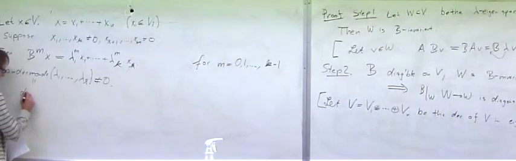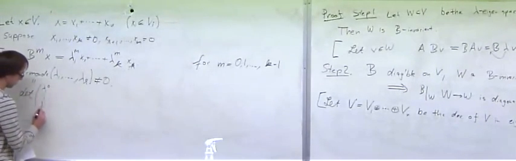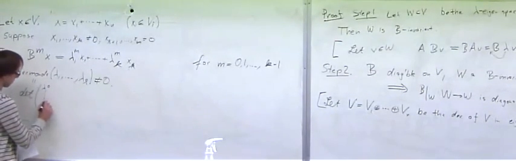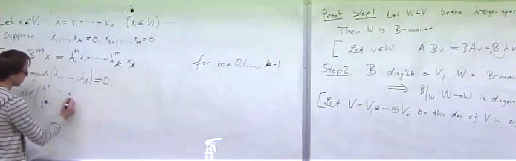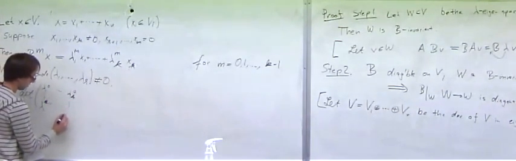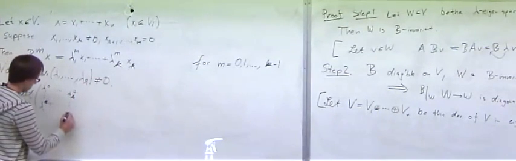So this is the determinant of lambda 1 to the 0 up to lambda 1 to the k minus 1, and so on, lambda k to the 0 up to lambda k to the k minus 1.